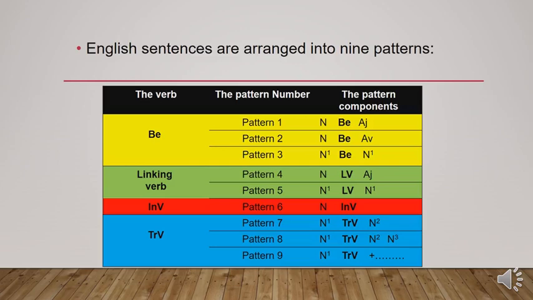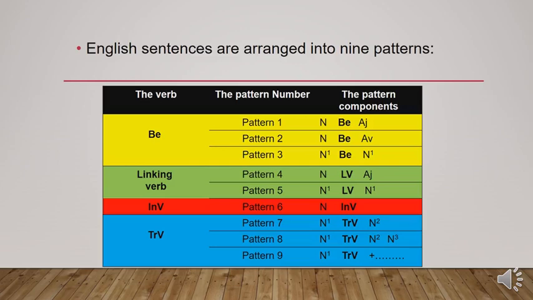Pattern 1, pattern 2, and pattern 3. In all of them, the main verb is the verb be. While in pattern 4 and pattern 5 in green, the main verb is a linking verb. So they share the same type of the verb, which is the linking verb.